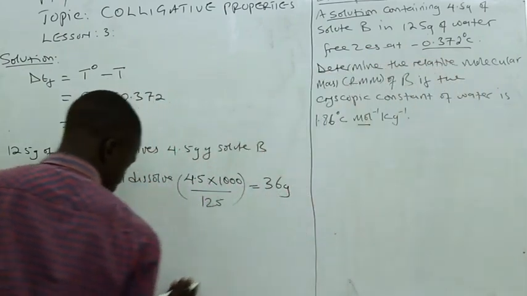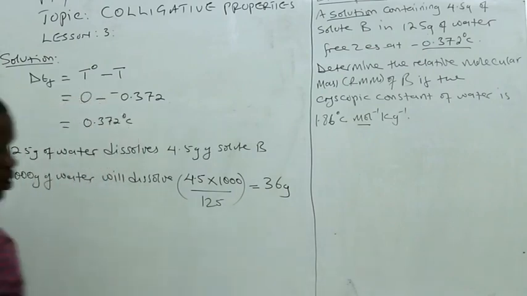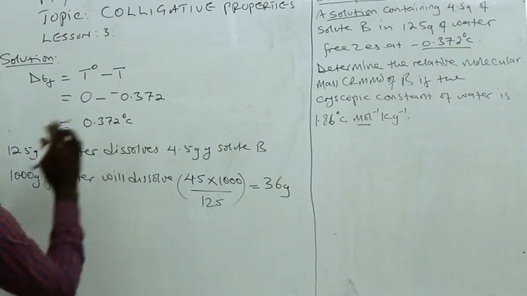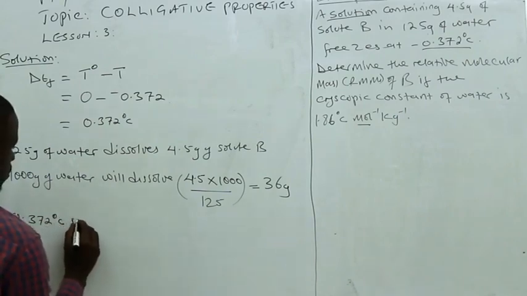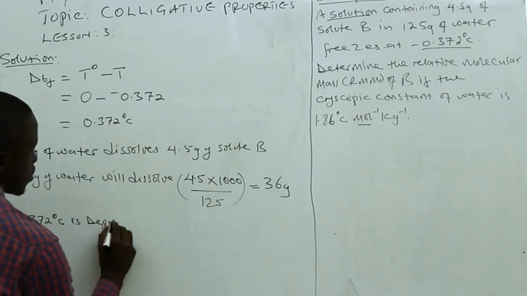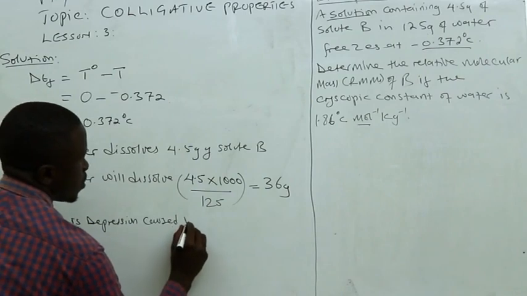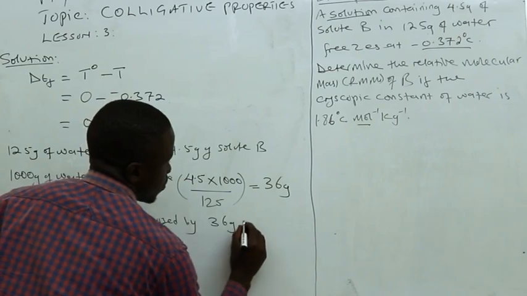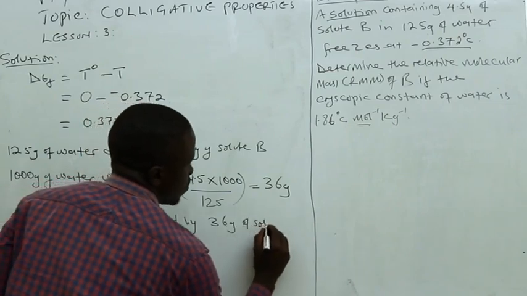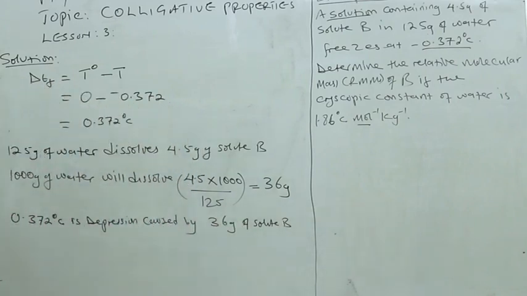So I can now say that this 0.372 degrees Celsius is depression caused by 36 grams of solute B when dissolved in 1,000 grams of water.